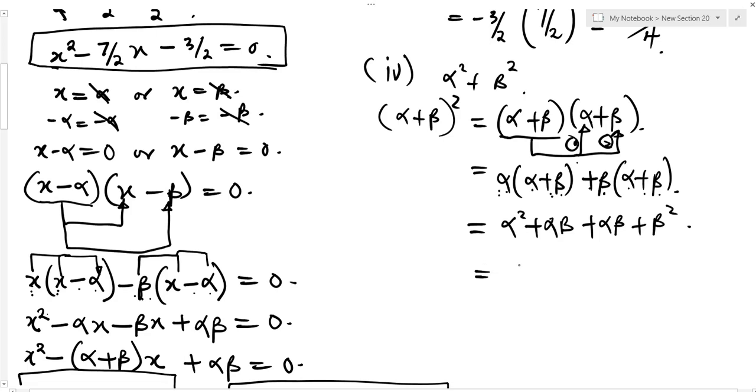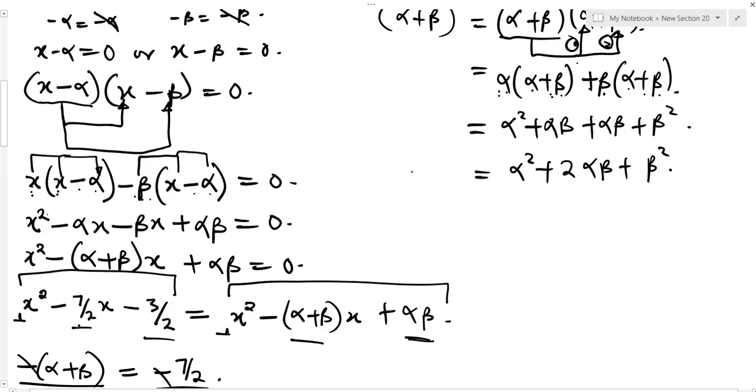Now we have alpha square plus 2 alpha beta plus beta square. Now we have alpha plus beta square equal to this.